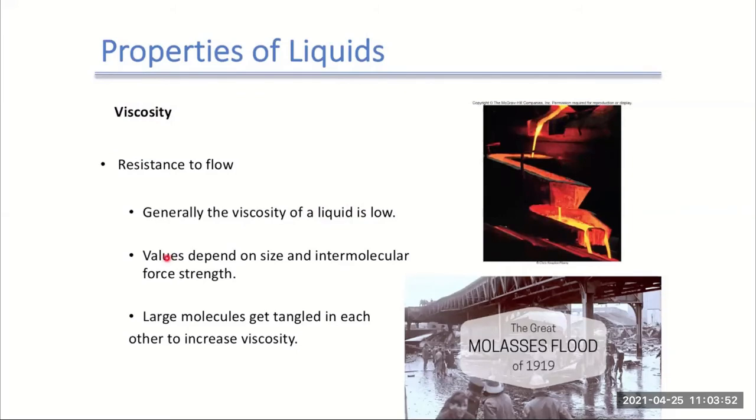Now the ability of the liquid to flow depends on the size and the intermolecular force strength. So if you think about the water in your cup, water flows pretty easily. I mean, it's not very viscous.